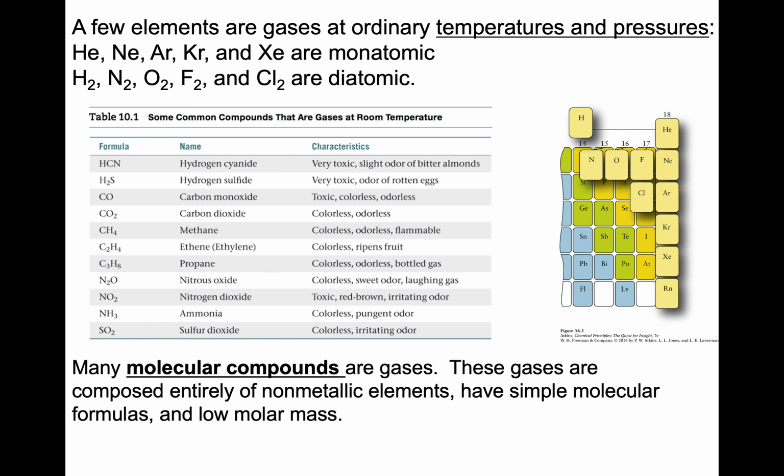As I look at these, I'm seeing molecular compounds. Many molecular compounds are gases. I am also seeing that they are simple molecular formulas, low molar mass, things like ammonia, NH3. Nearly every gas that we encounter in this class is going to be a molecule similar to these.